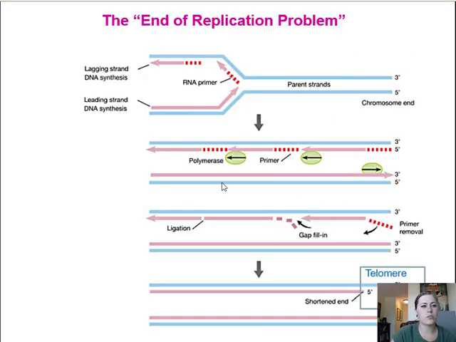And this illustration just shows a better look at what's happening with these telomeres. So up here you start with your parental strands of DNA, the replication bubble opens up, and you begin synthesizing and replicating DNA.